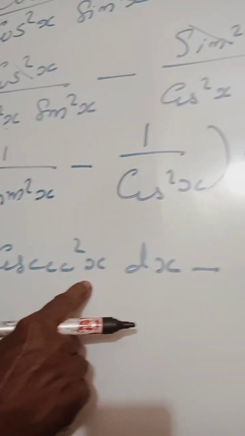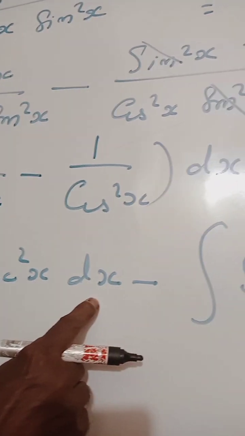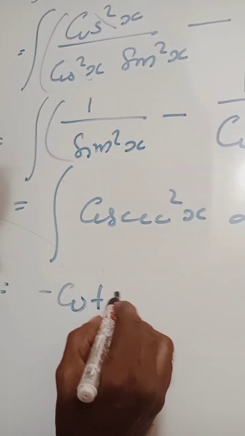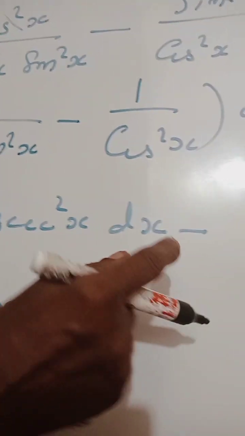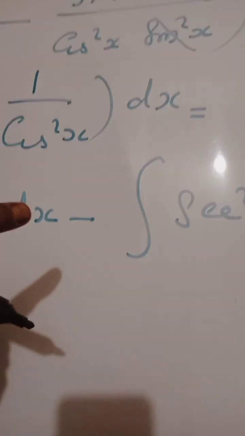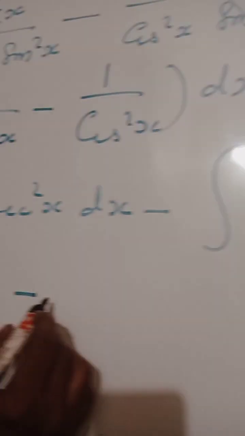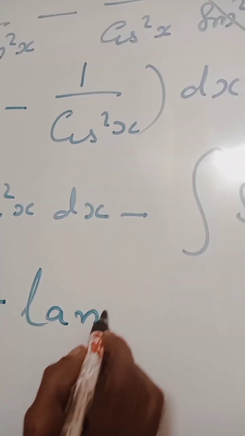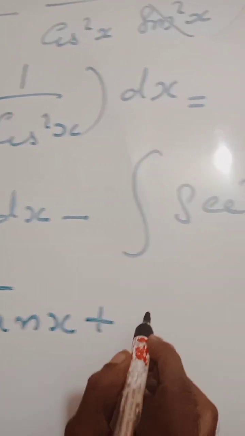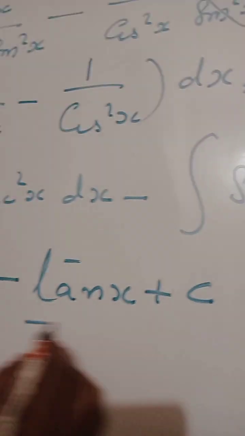We know that integration of cosec square x dx is equal to minus cot x, minus, and integration of sec square x dx is equal to tan x, plus c, where c is the constant of integration.